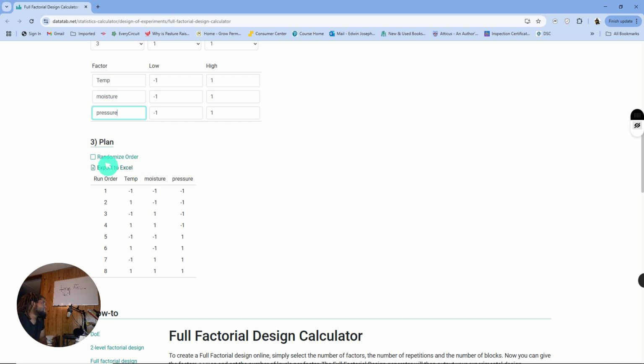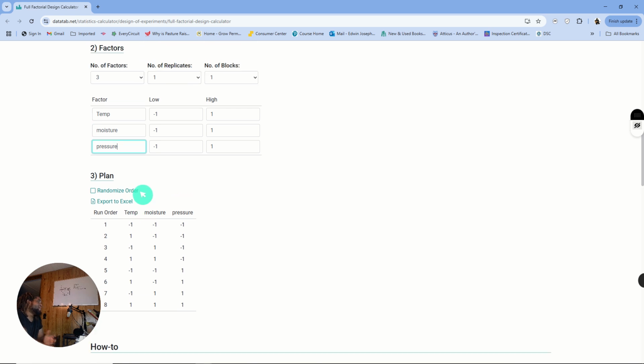Now this gets more useful because as you see here, it says you can export to Excel. So you can take this, export it to Excel, and then fill out a data table and do whatever calculations you need, such as mean, standard deviations, all this kind of thing.